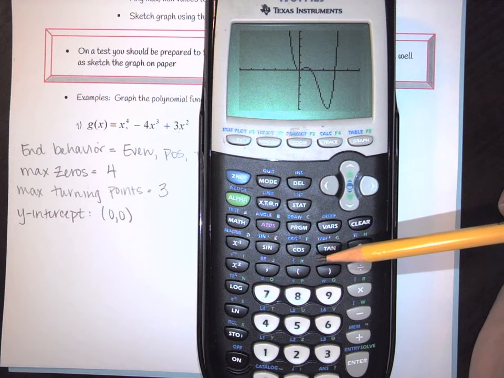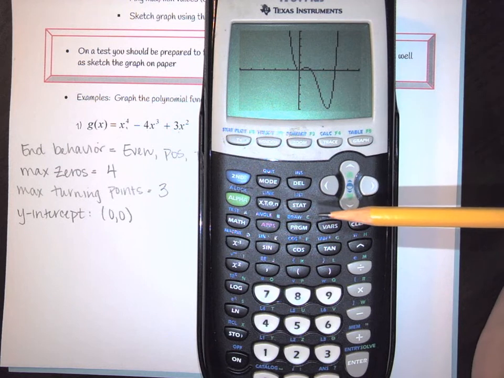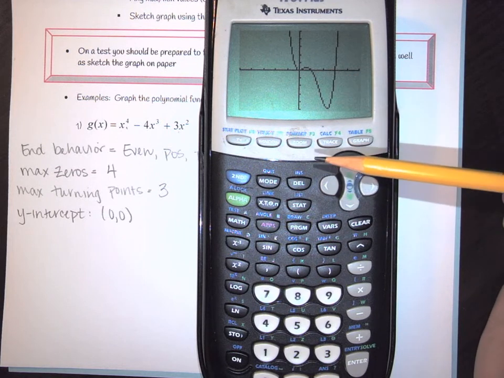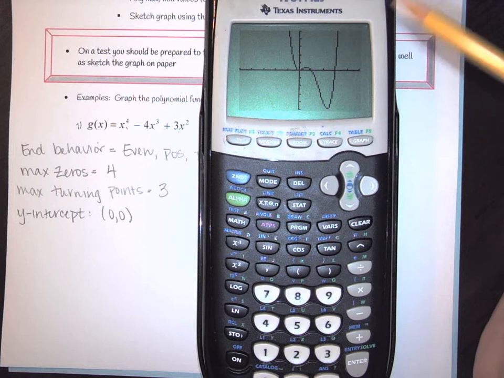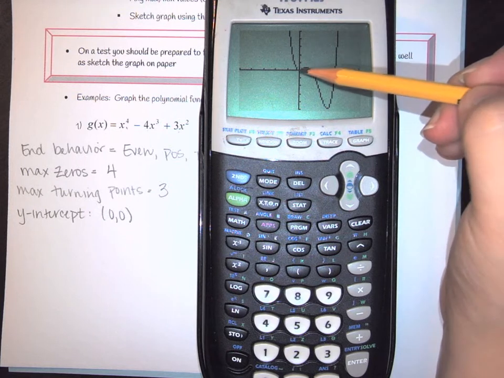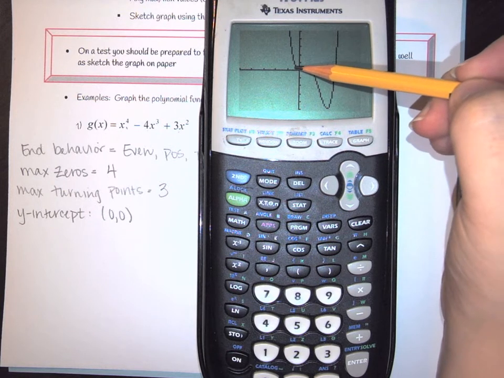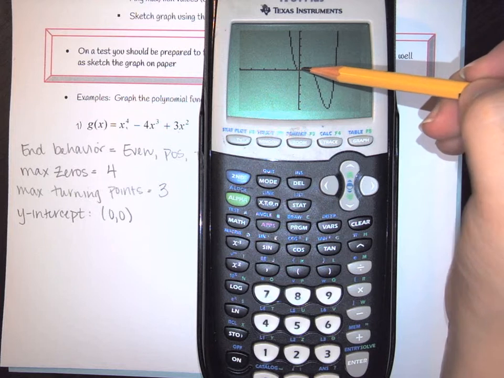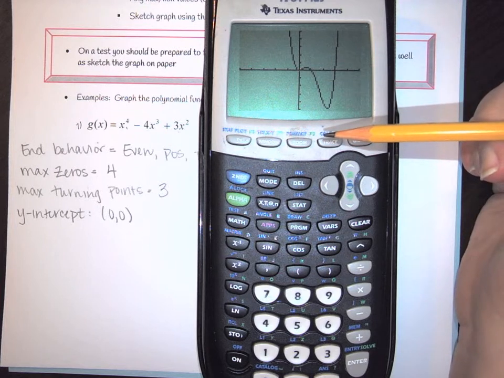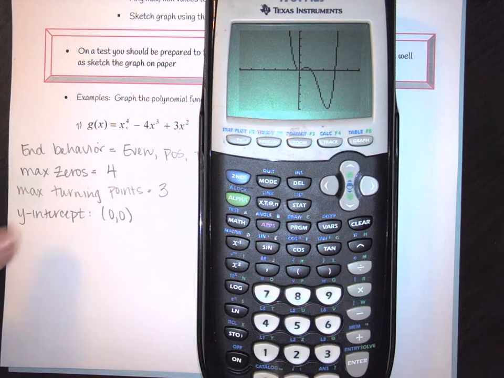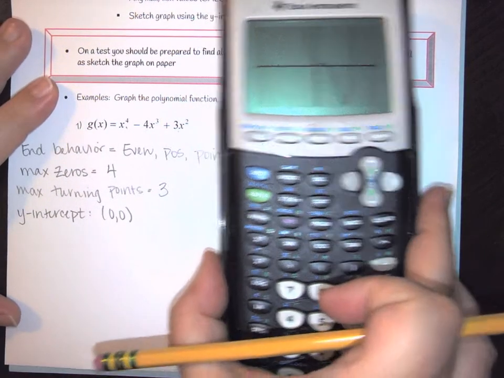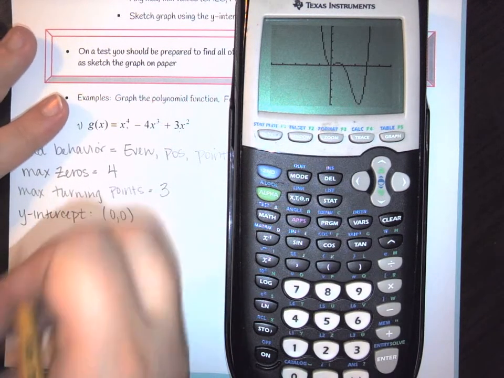Okay, so once you get everything graphed, now we need to look at it. So first and foremost, we need to know that right here at the origin we appear to be touching, which would make sense considering that is where your y-intercept is. Okay, so here we know a few things.